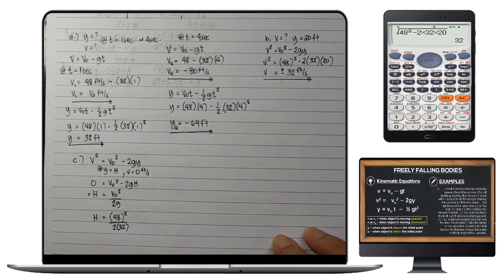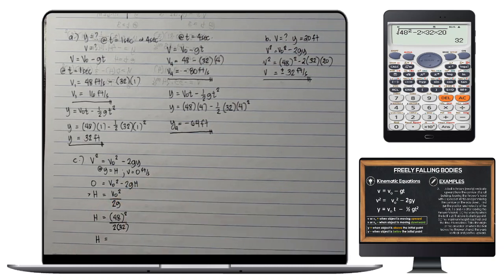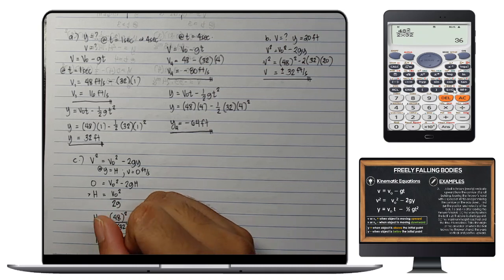Okay, and solving for the maximum height, that is 48 VO square over 2G, which is 2 times 32. So that is 36. Therefore, the maximum height natin is 36 feet.